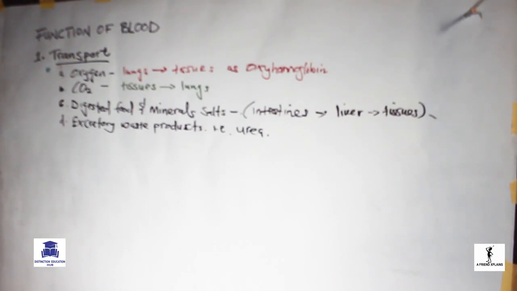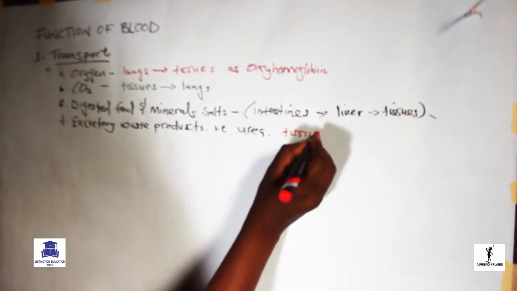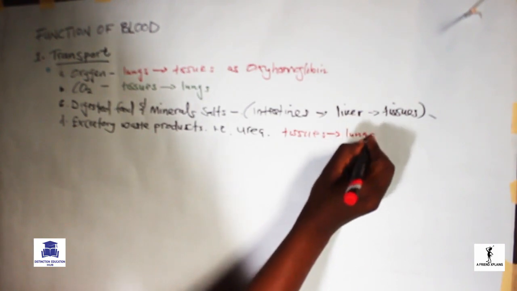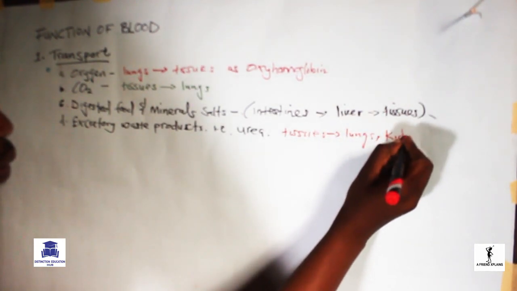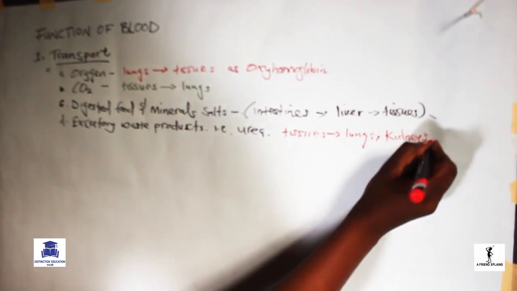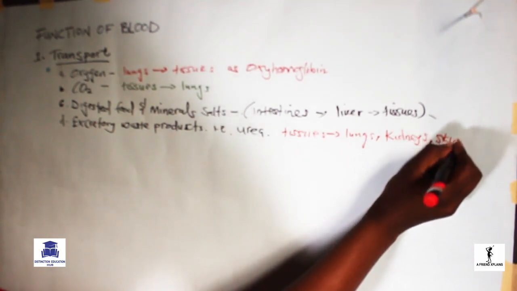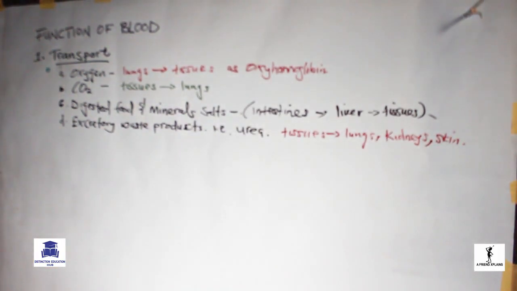So these excreta come from the tissues to the lungs, kidneys, and even the skin, and toxic waste is also carried alongside in the blood plasma.